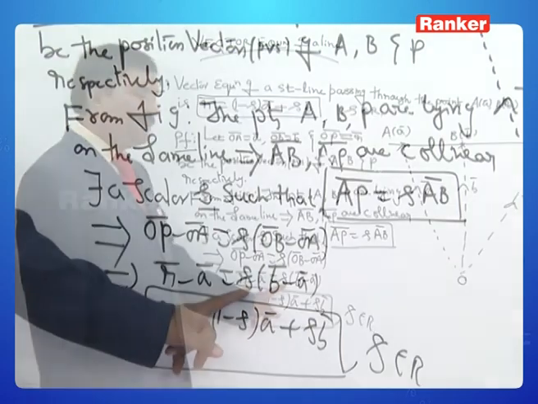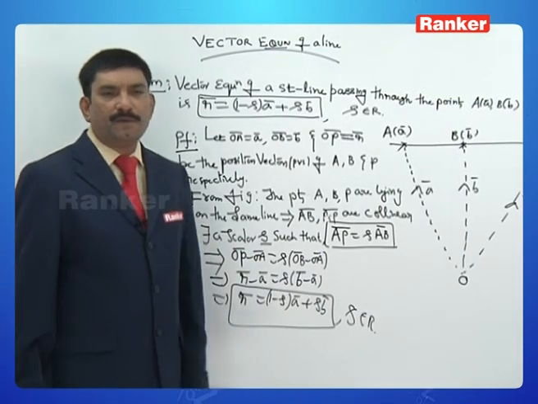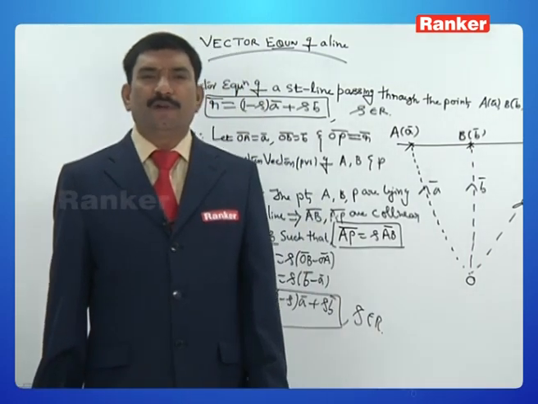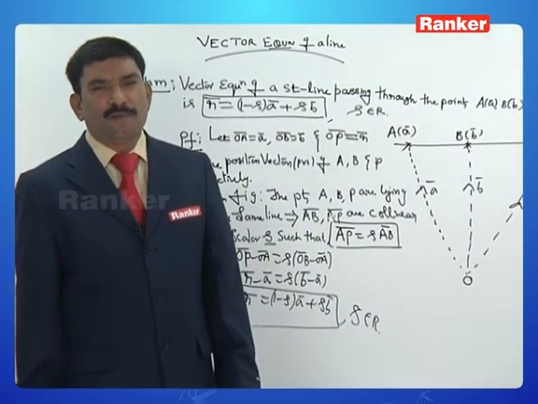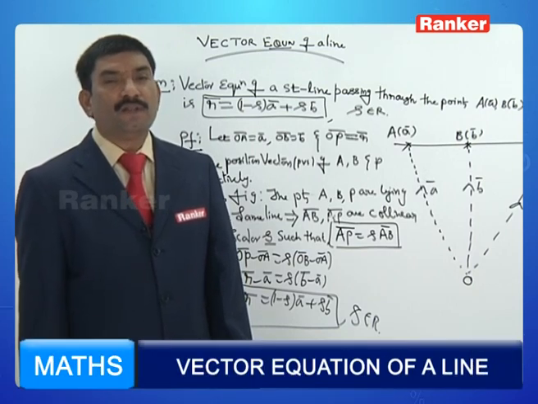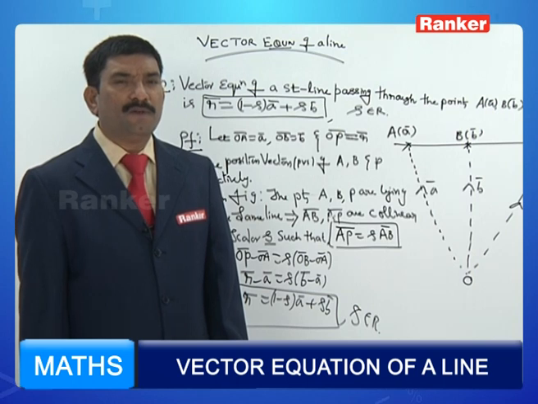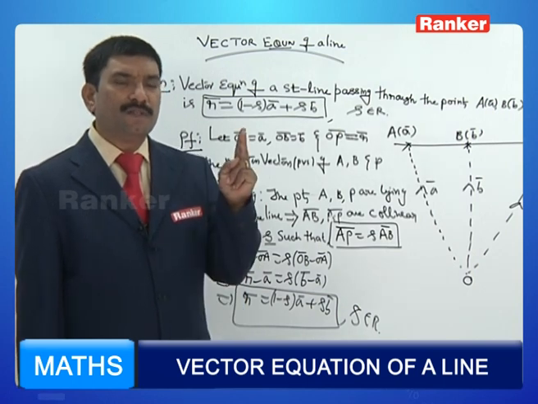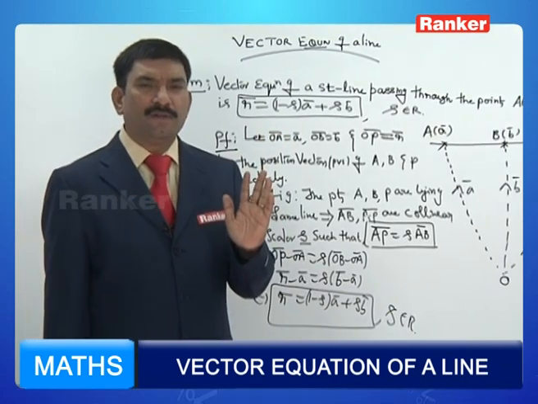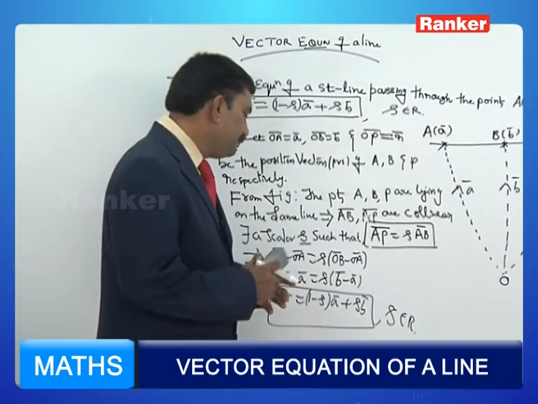So therefore, R bar is equal to (1 minus S) into A bar plus S B bar, which represents the vector equation of a straight line passing through 2 points, A bar and B bar. Followed? Right.